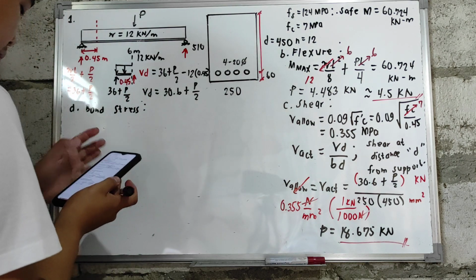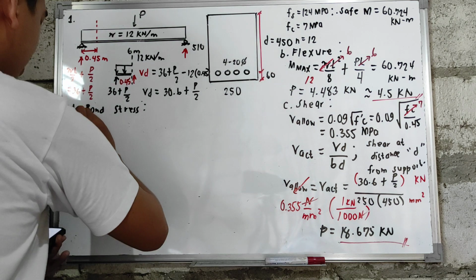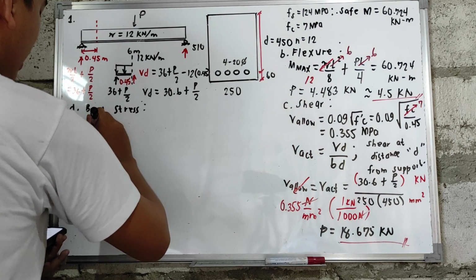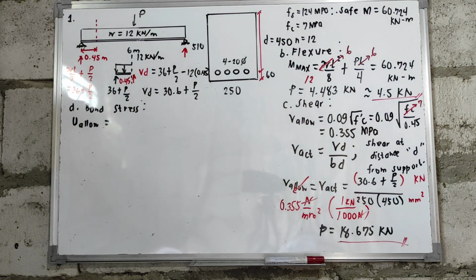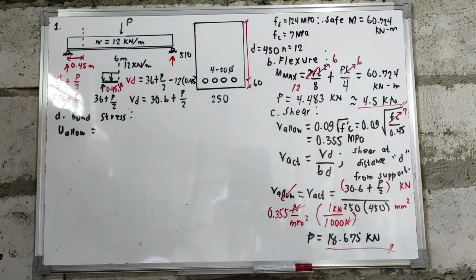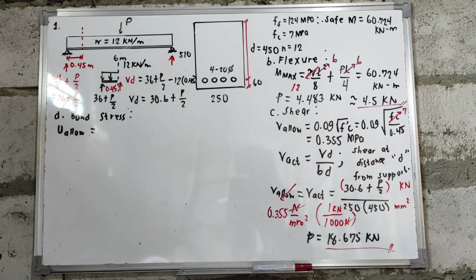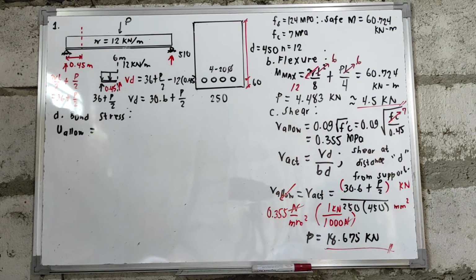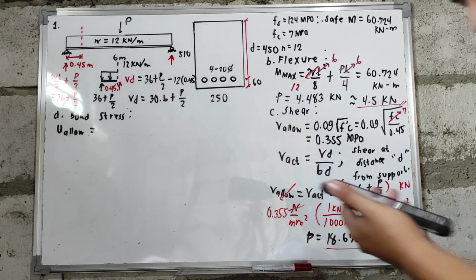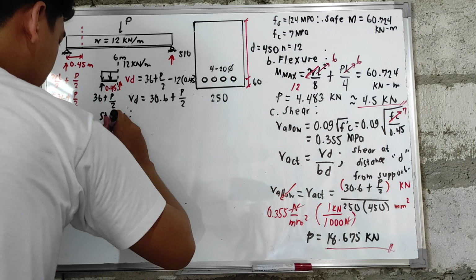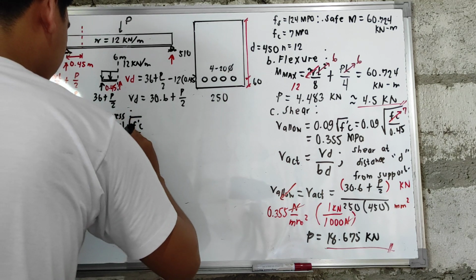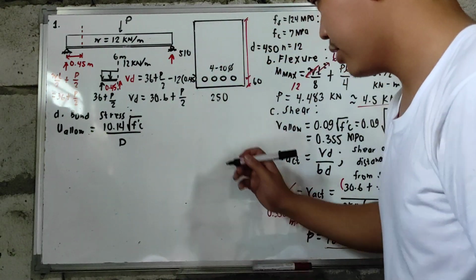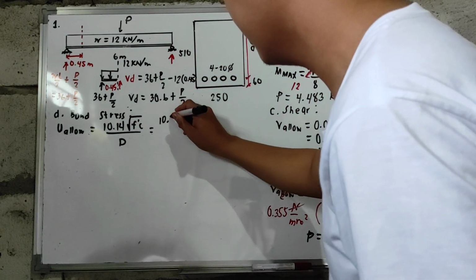So, how do we get it? First, our allowable bond stress, or the U allowable. It is in our module already. By formula, it is equal to 10.14 square root of F prime C over D. Here, we have 10.14.